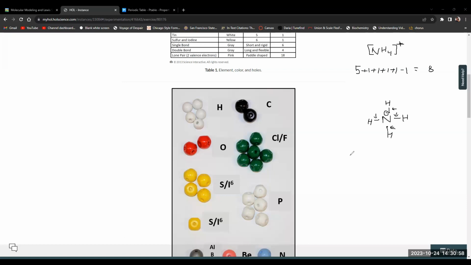But remember, we only have 8 electrons to work with because of the total valence that we counted. So in this case, we're actually able to remove that lone electron. So that a single electron on that nitrogen shouldn't be there at all.